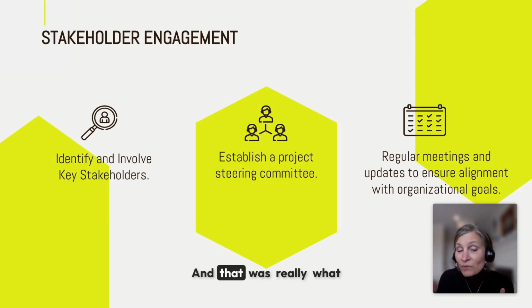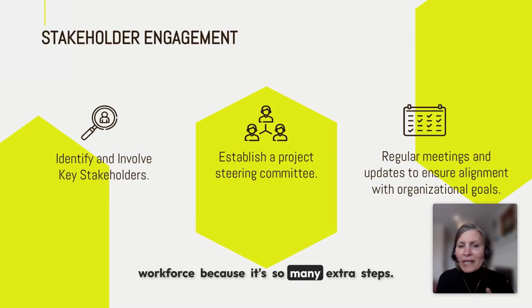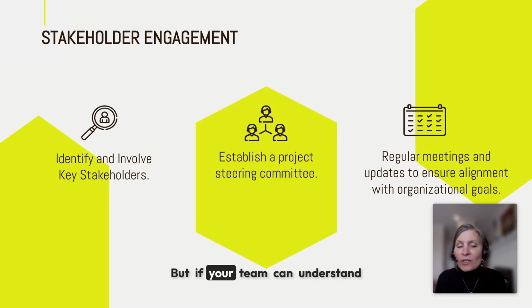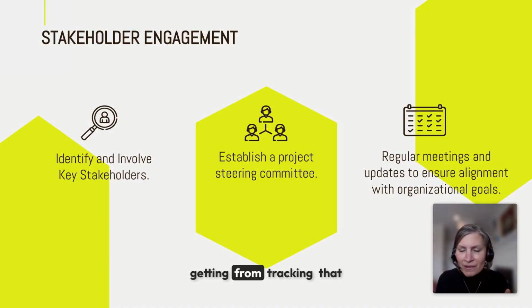And that was really what caused the friction with the workforce, because it's so many extra steps. But if your team can understand why the processes are changed and what value they're getting from tracking that inventory, they'll be much more likely to not resist the process.